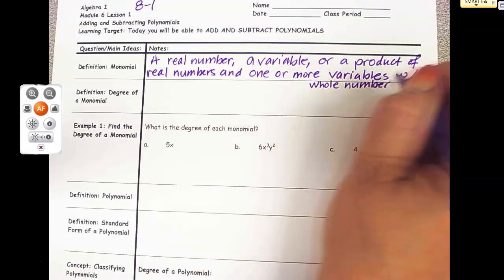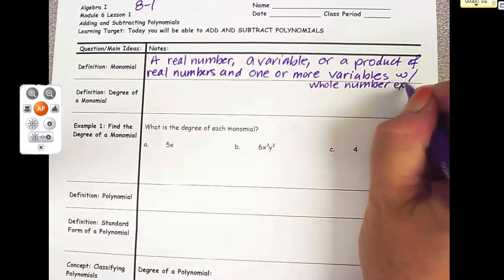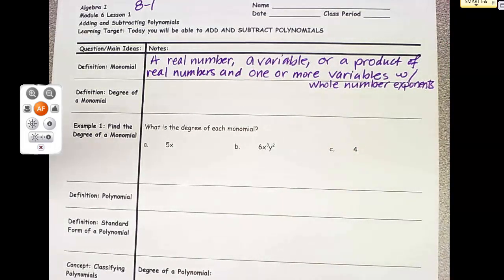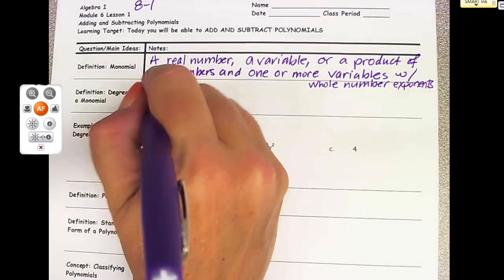So I know here in Algebra 1 you guys have not dealt with fractional exponents, so we don't have to worry about this so much, but it is part of the definition. And the degree of a monomial is going to be the sum of the exponents of its variables.